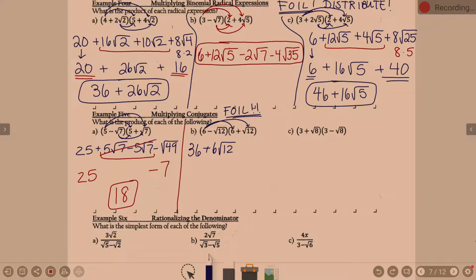Now, negative square root of 12 times 6. Negative 6 square root of 12. Okay, and lastly, negative square root of 12 times positive square root of 12.